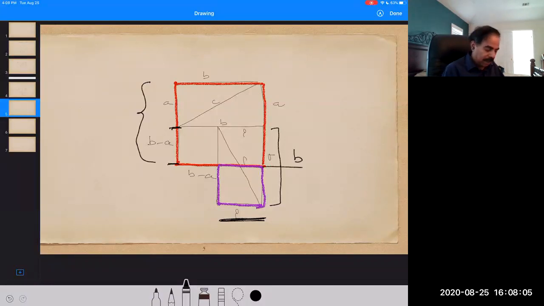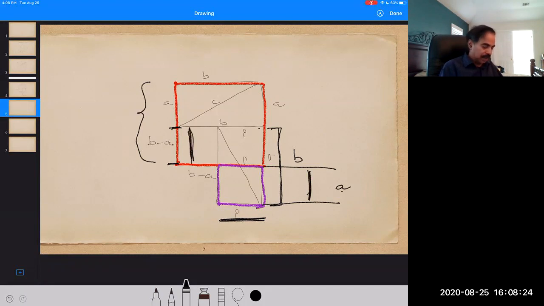So therefore, this has to be A, because if you add this and this, you should get this whole thing. So this whole thing is nothing but the sum of this and that.